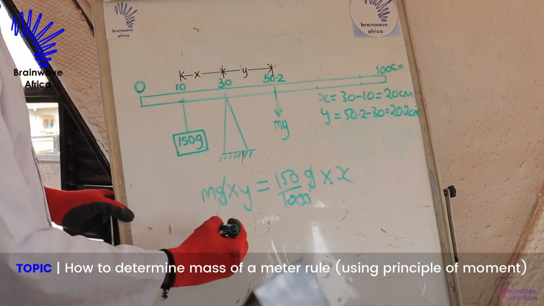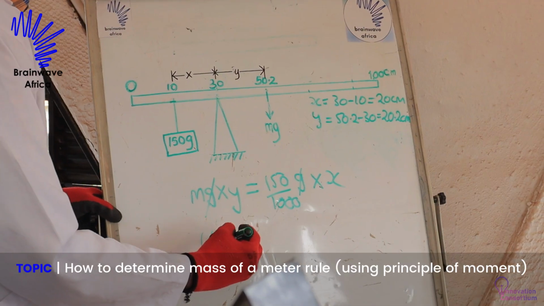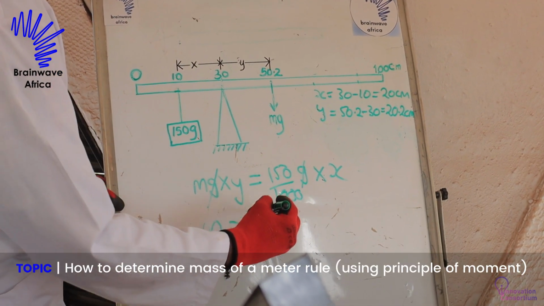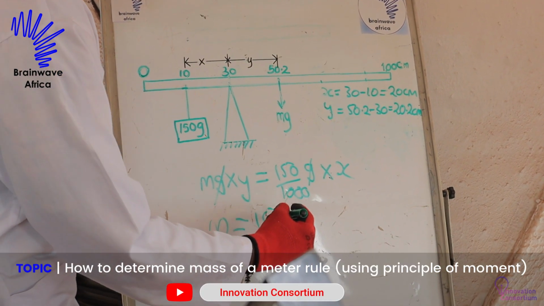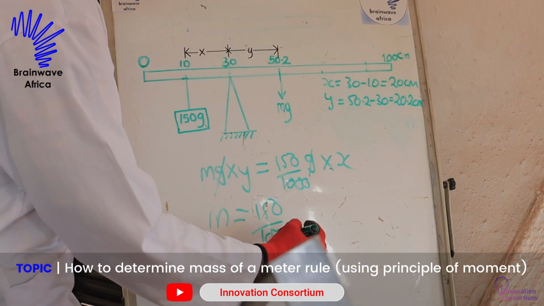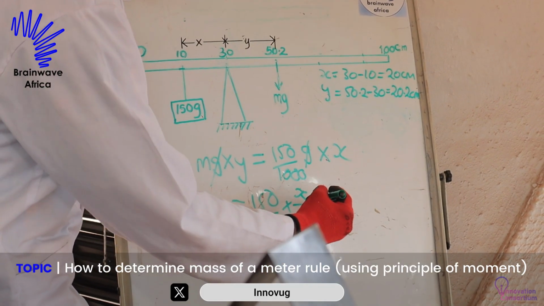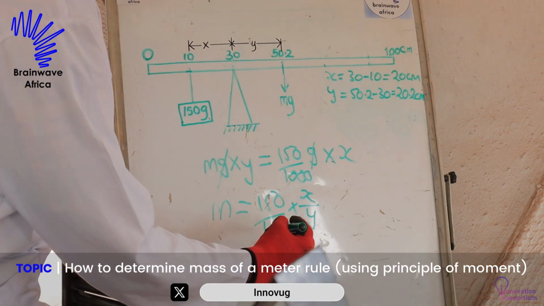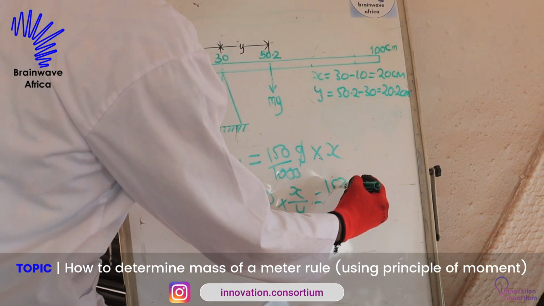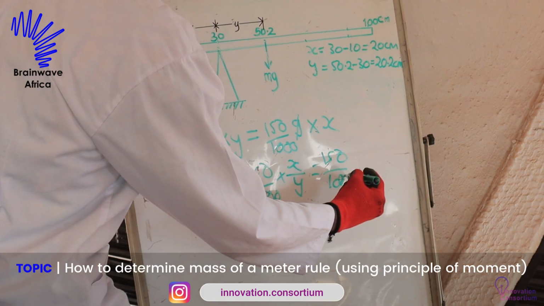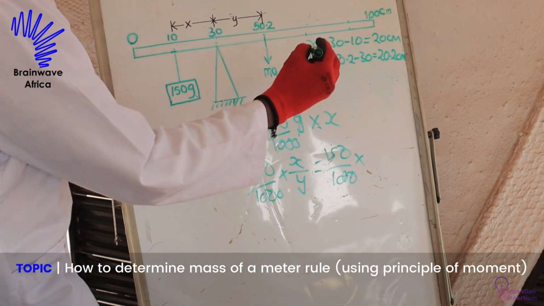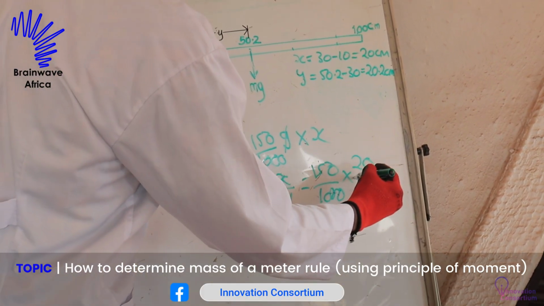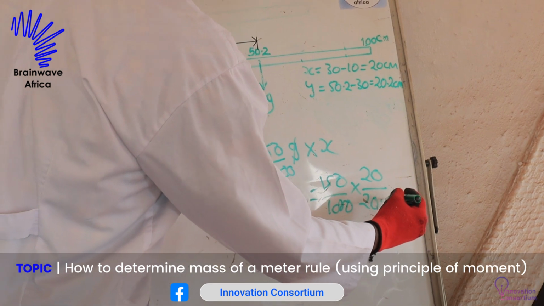So from this expression, we'll see that M is actually equal to 150 over 1000 times X over Y. So we are going to have 150 over 1000 times the value of X, which is 20, divided by 20.2.